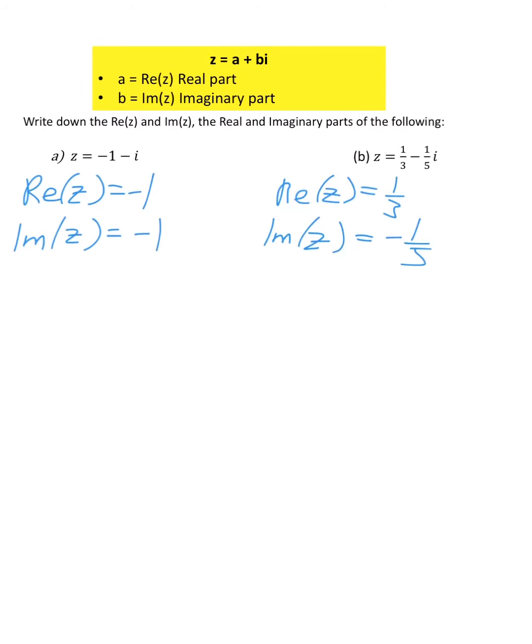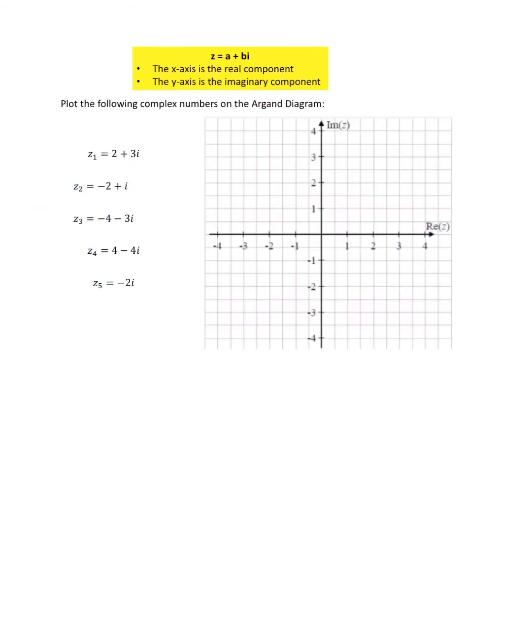Okay, so now what we're going to have a look at is the Argand diagram. Like with real numbers, we have the normal xy axis. With complex numbers, there's a similar axis. And if you can plot points on an xy axis, this now is very easy.